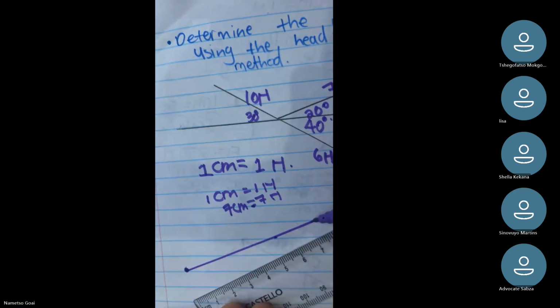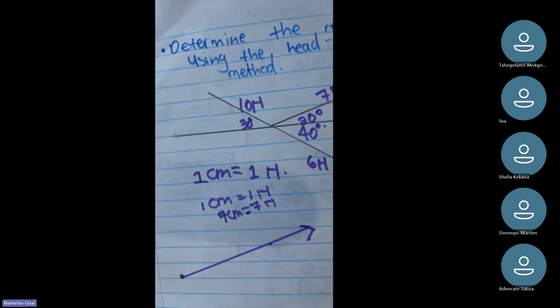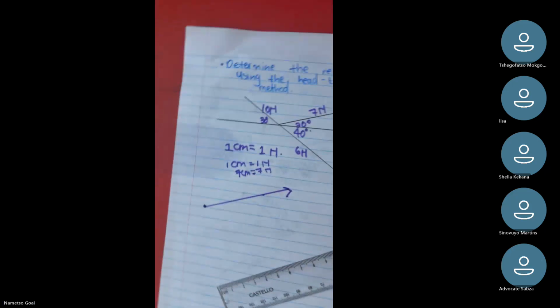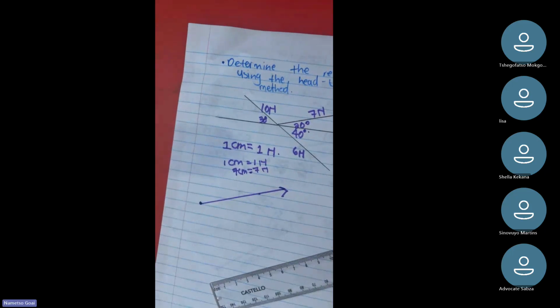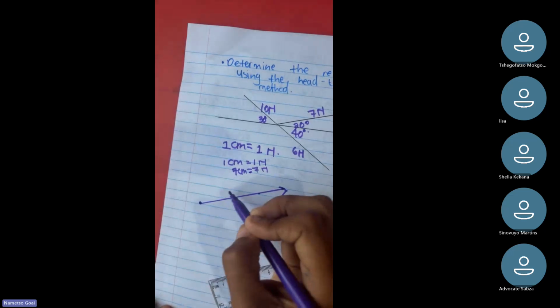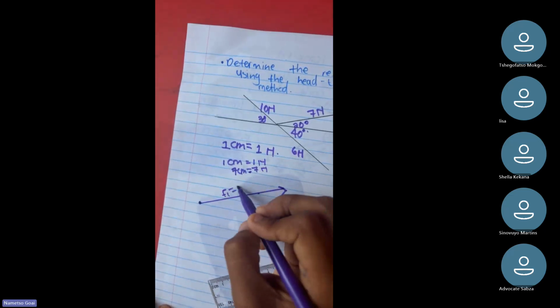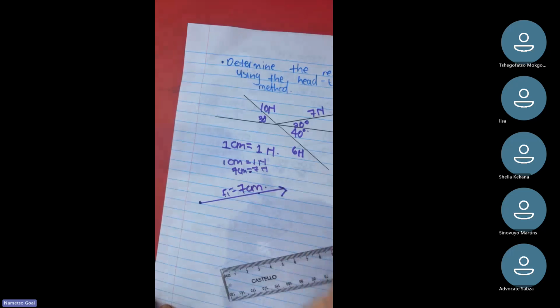I was just trying to show the arrow, right? So this is our F1, which is equal to 7 centimeters.